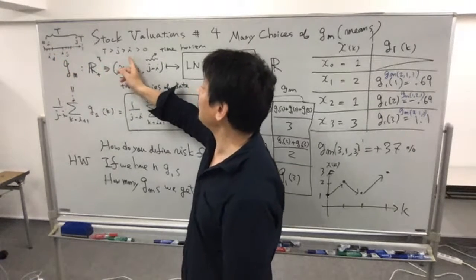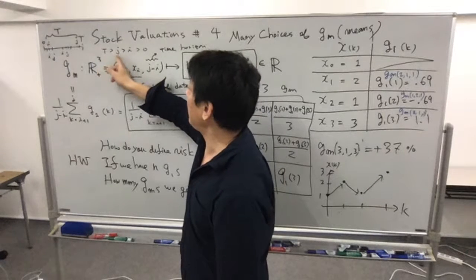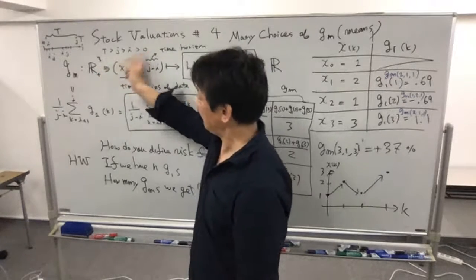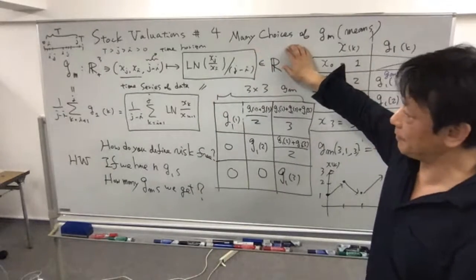We have only one condition: j is greater than i, and both should be greater than 0 and less than t. So there are many choices of GMs.